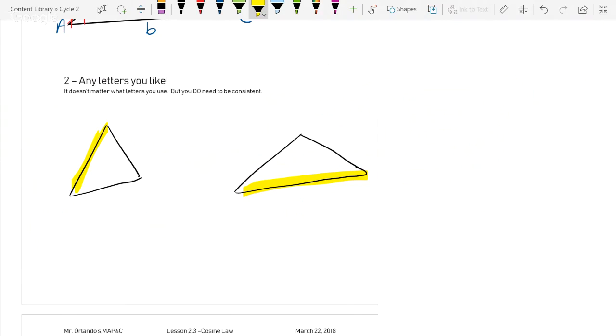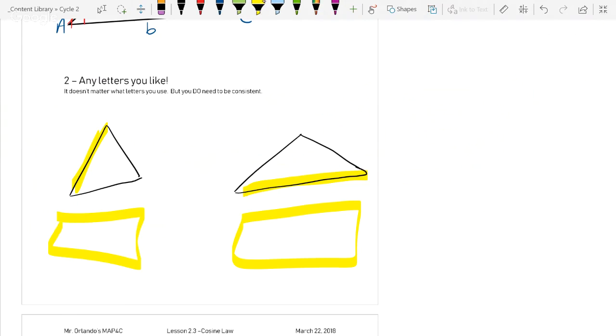Does that make sense? So I want you to write one down here and one down there, but I want you to use random letters because I do not want us to be limited to only being able to do this if the side we're looking for is A, B, or C, or even worse, only A. You've got to be able to write a cosine law for any triangle you come across.